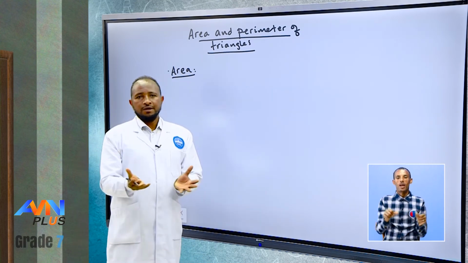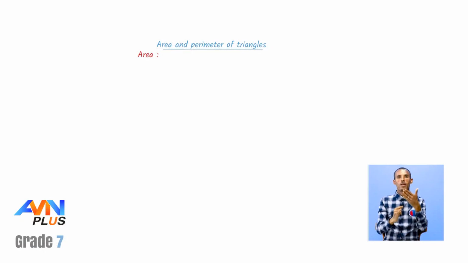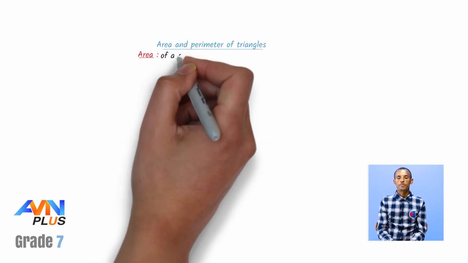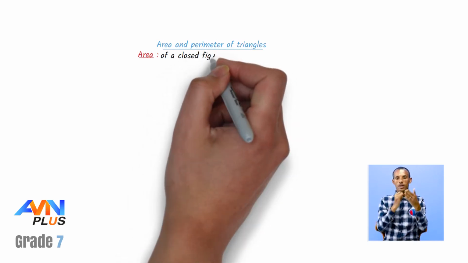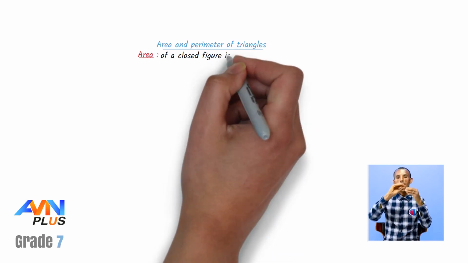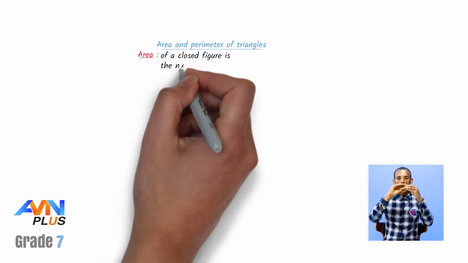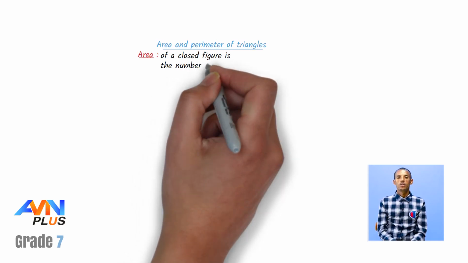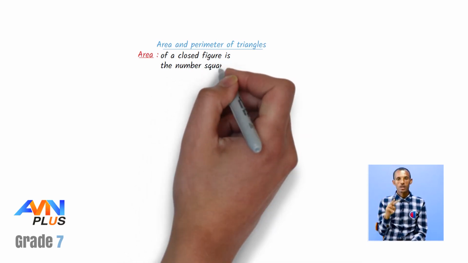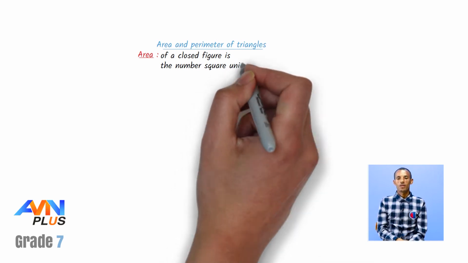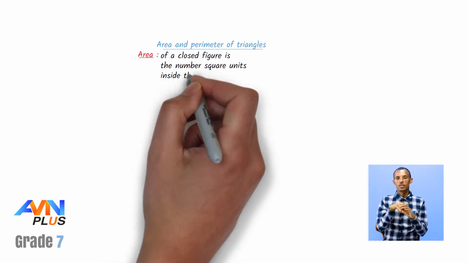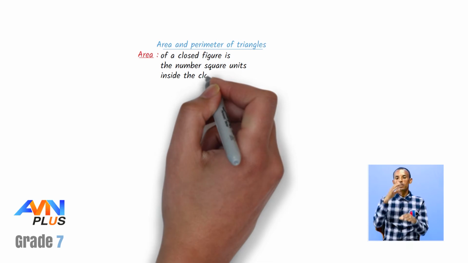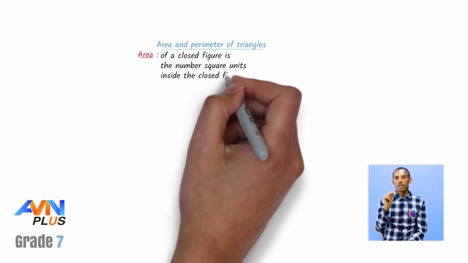Area of a closed figure is the number of square units inside the closed figure.